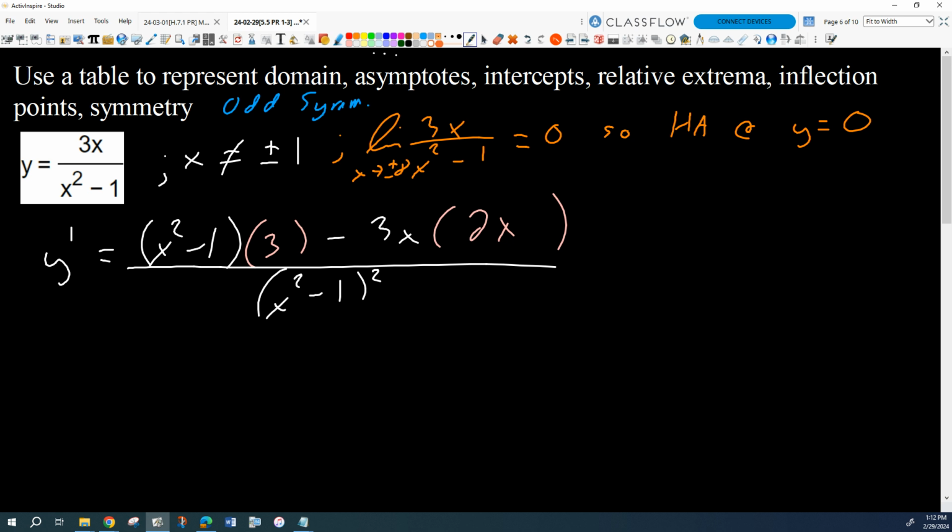So then on top, that gives me 3x squared minus 3 minus 6x squared, right? Yep. So if you combine that, negative 3x squared minus 3. We can take out negative 3, so it's just gonna be negative 3 times x squared plus 1 over x squared minus 1 squared.